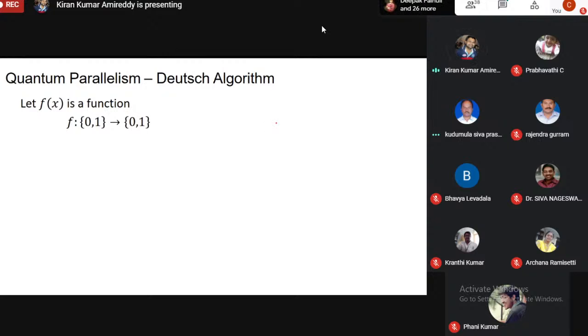Suppose a function f of x is given, operating on a qubit 0 and 1. Then if we want to find f of 0, and f of 1.